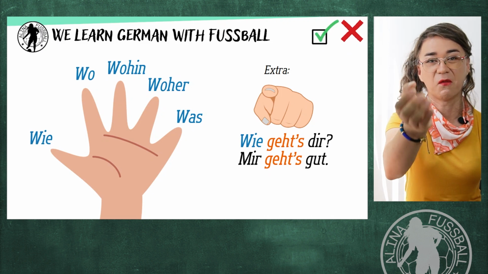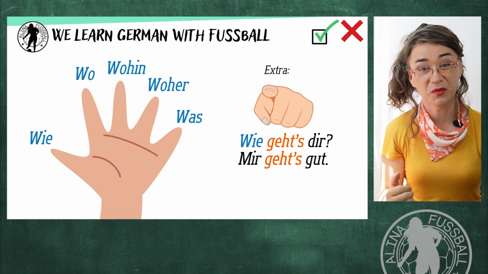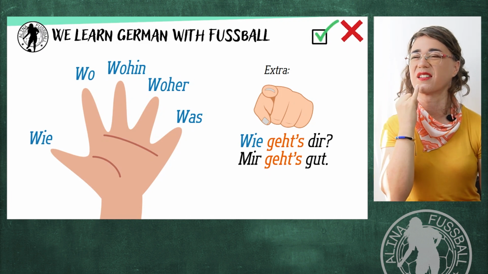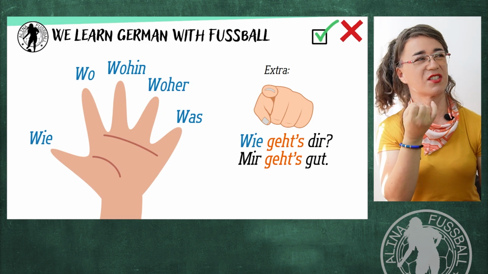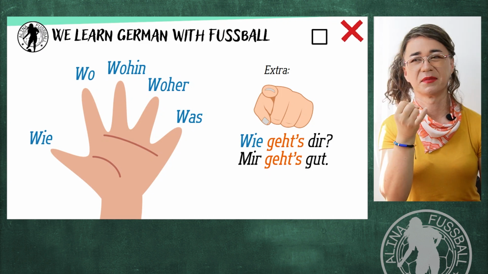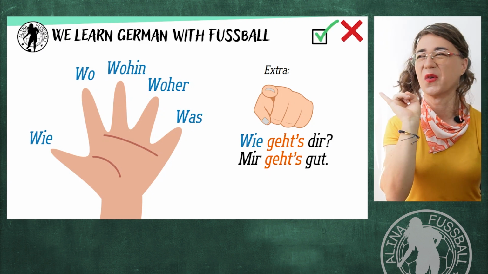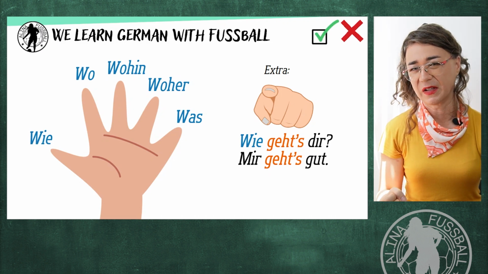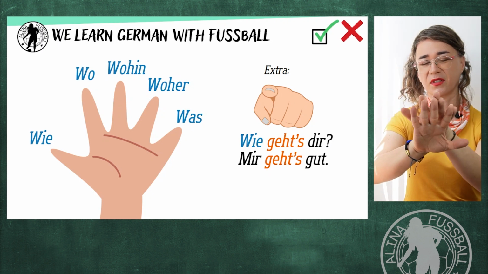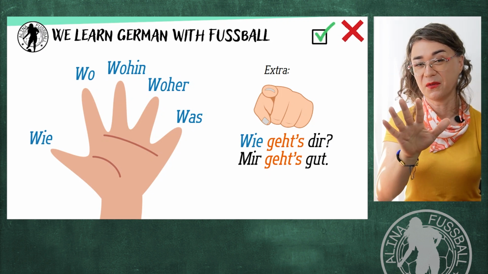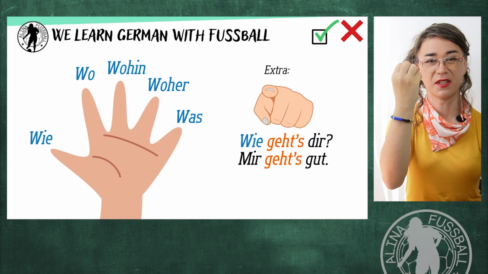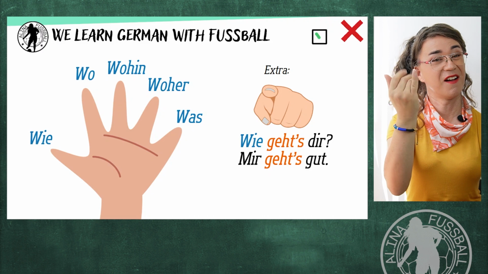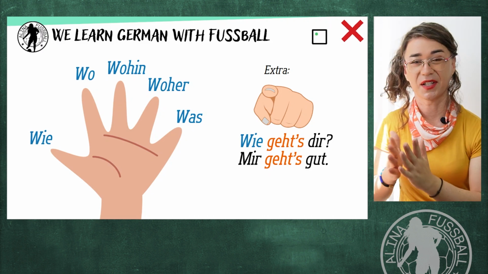And finally, we have the word was. It's like thinking, I need new information. So was. Was machst du beruflich? So yeah, you can remember those 5 Fragewörter by remembering them in your fingers. Wie, wo, wohin, woher, was. In this way we can close the video.